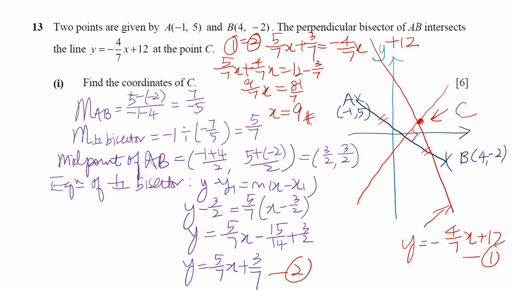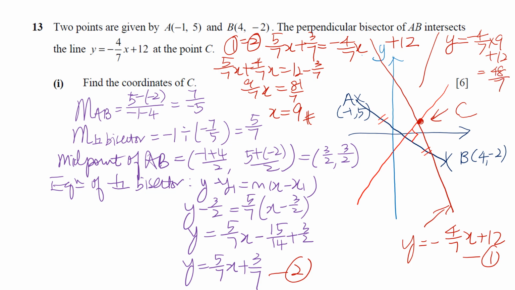And then you substitute x equals 9 into your equation 1 or 2. Sorry, there's not much space left, so I have to do it that way. Negative 48 over 7.